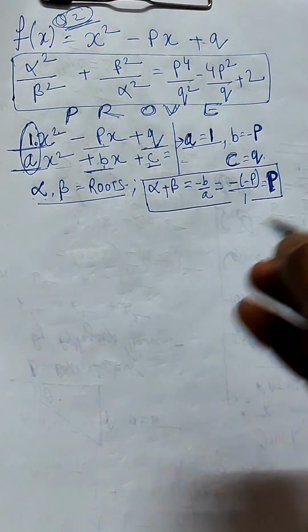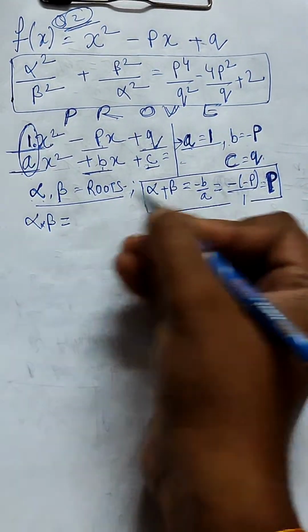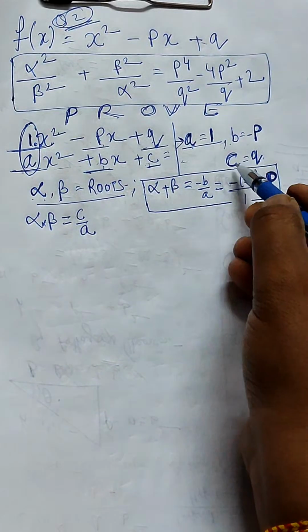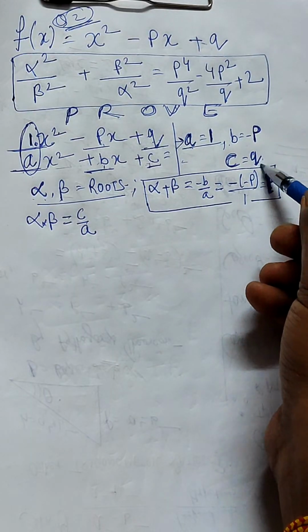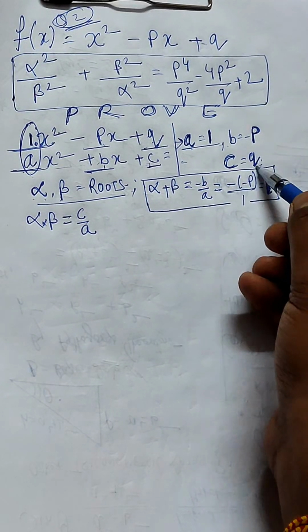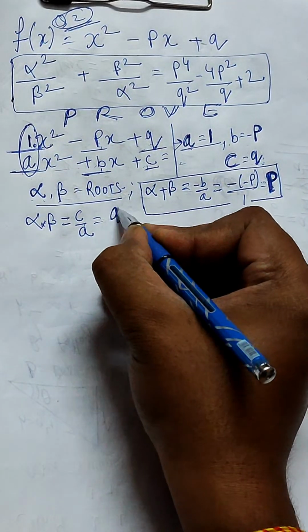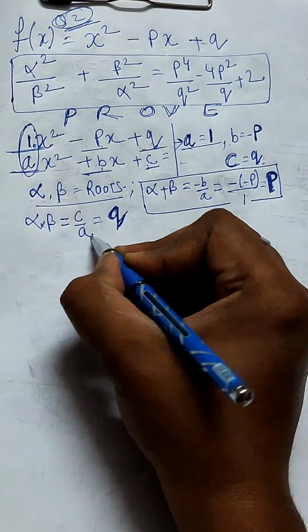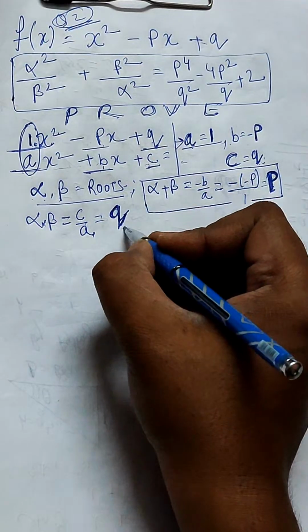Now the product of the roots, alpha into beta, is c by a. The value of c is q, which we have identified on comparison. So c by a is q divided by a; a is 1, so we will not write 1 in the denominator.